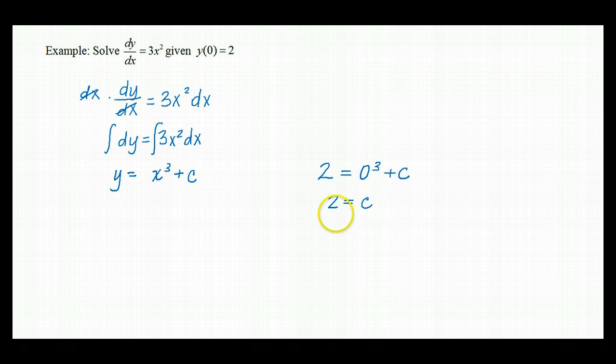And now I'm going to go ahead and substitute 2 back in. So y equals x cubed plus 2 is my solution to this differential equation with an initial condition. Since it has an initial condition, it can also be referred to as an initial value problem. So y equals x cubed plus 2 is the solution to my differential equation.